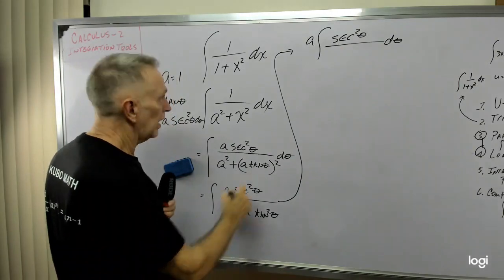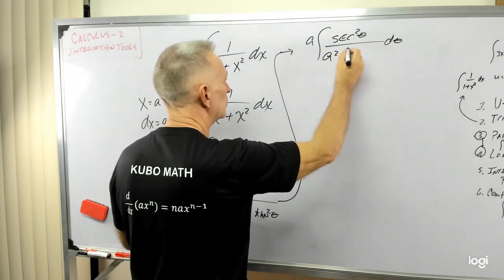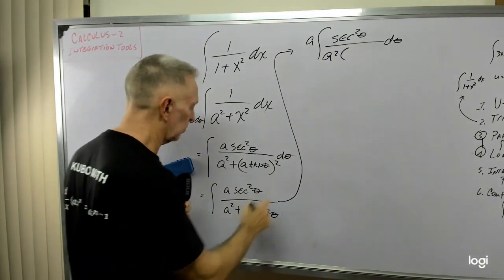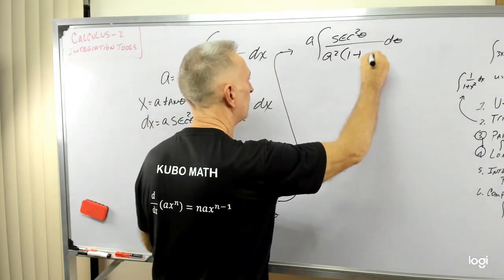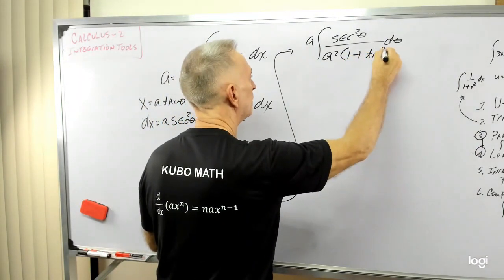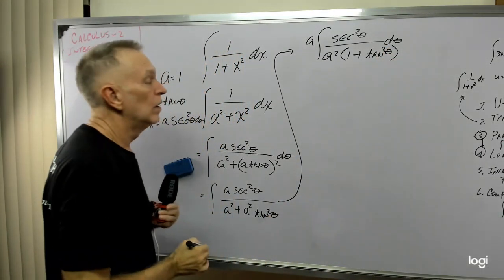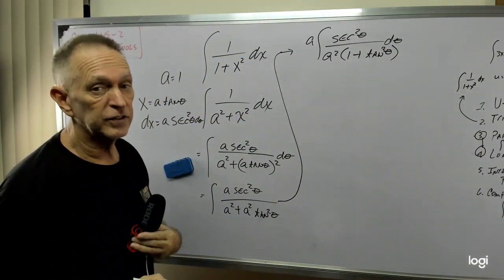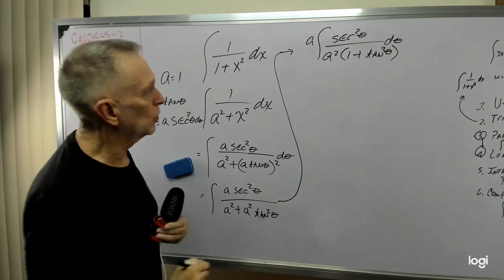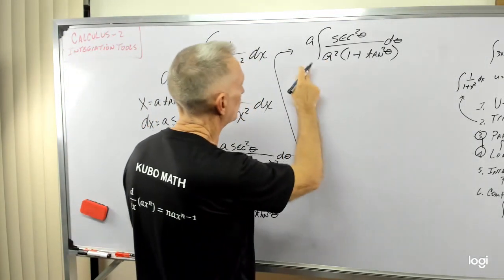If I factor a squared out, it's a squared times 1 plus tangent squared. What's 1 plus tangent squared? Secant squared.